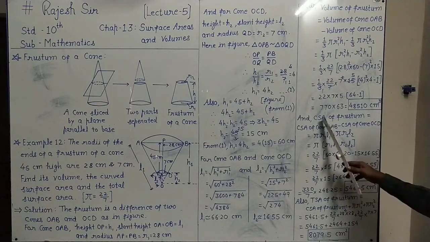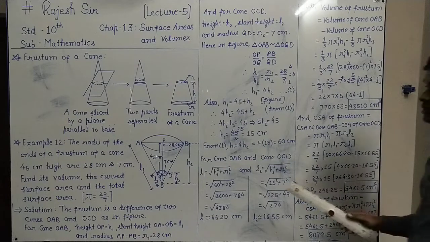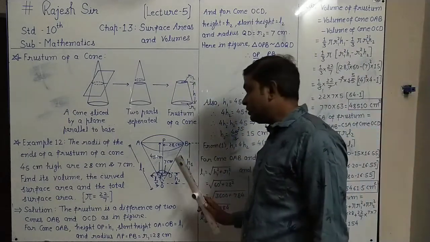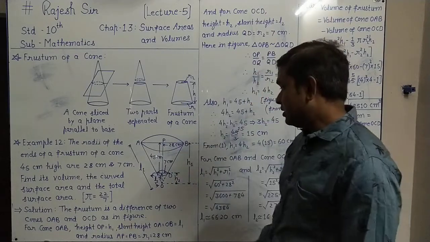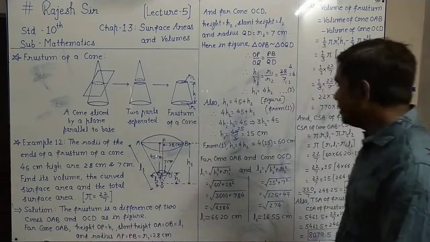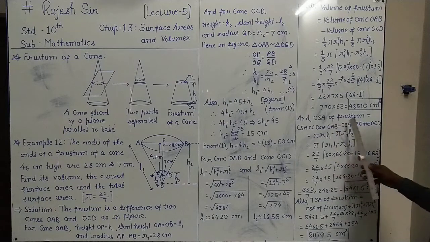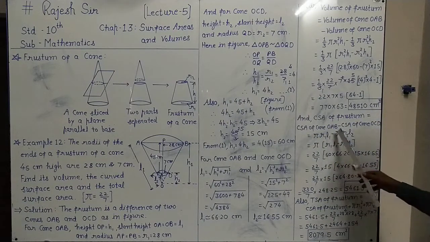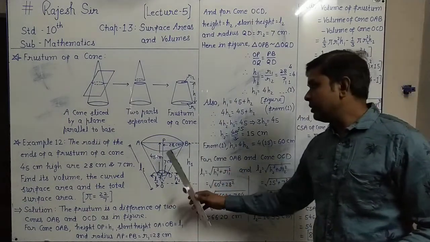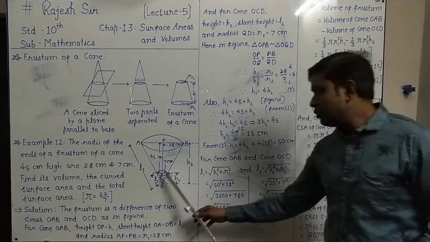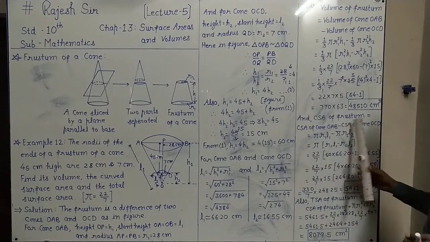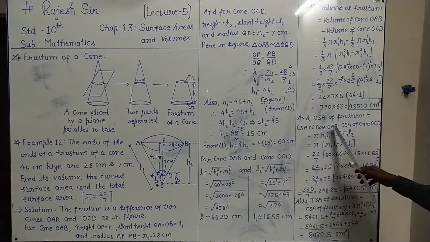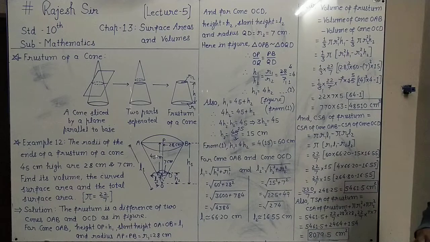In a similar way, now to find the CSA of the frustum, meaning the curved surface area of the frustum. Again it is the difference of two cones OAB and OCD. To find the CSA of the frustum, we take the CSA of the full cone OAB minus the smaller cone's CSA. If we subtract from the full cone, we get the CSA of the frustum. The curved surface area of a cone is pi R L, the formula we have.